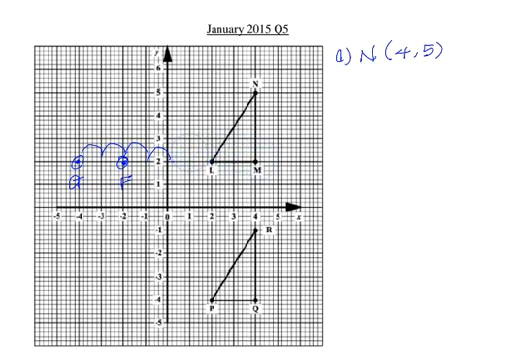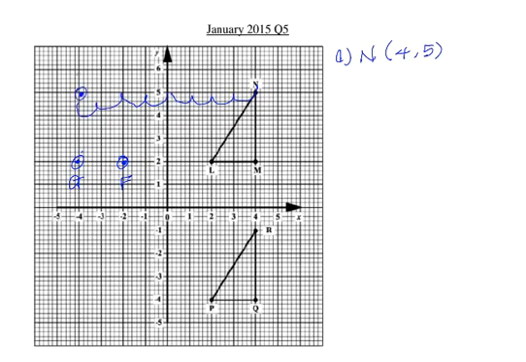Alright, so let's just rub this out. The next point, the final point, is N. N is 1, 2, 3, 4 units from the mirror line. The image of N, which is H, is also 1, 2, 3, 4 units from the mirror line, but on the other side.